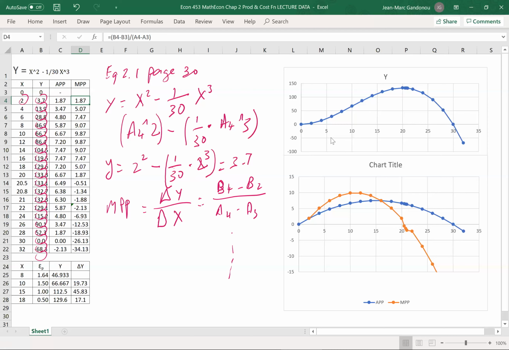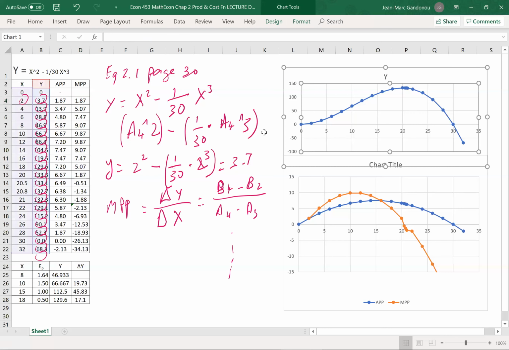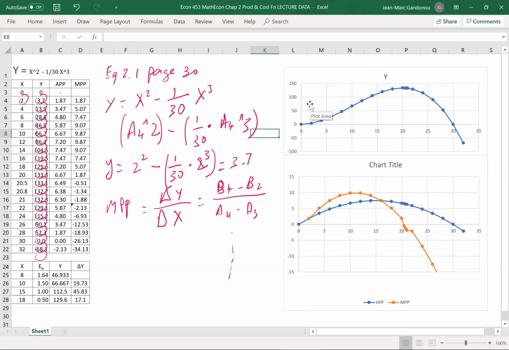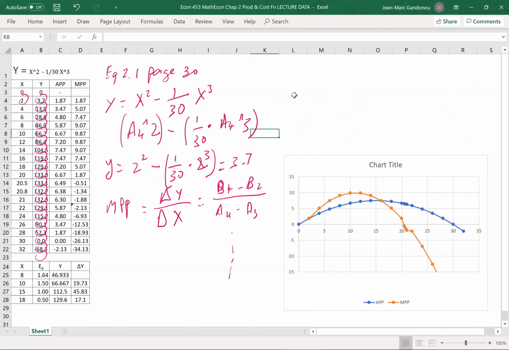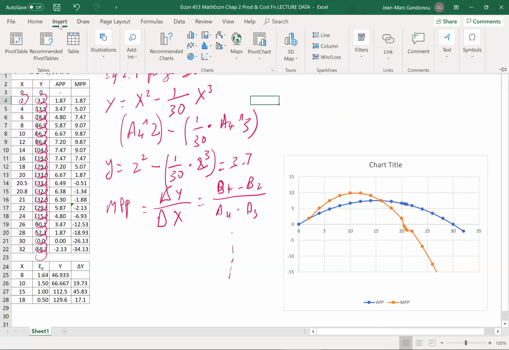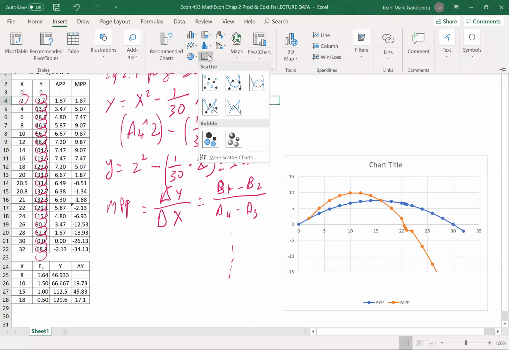And so to get this production function that I have here, I'm going to delete this one. I cannot make all the changes I want here. Okay. And I'm going to insert. And so here, well, is a scatter, right?